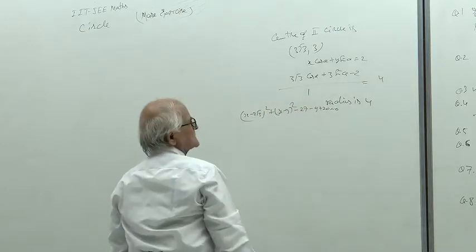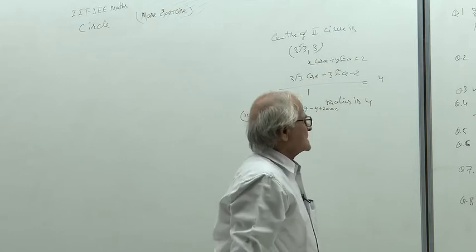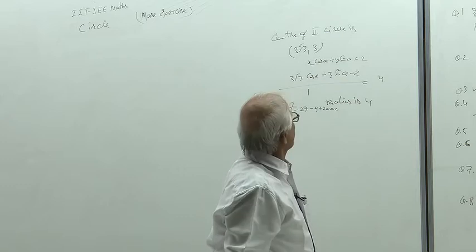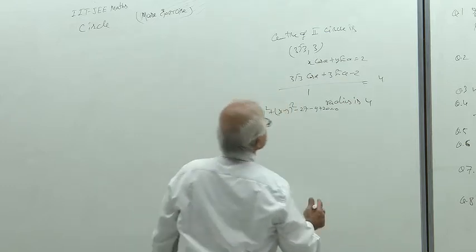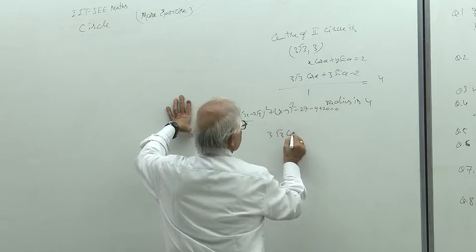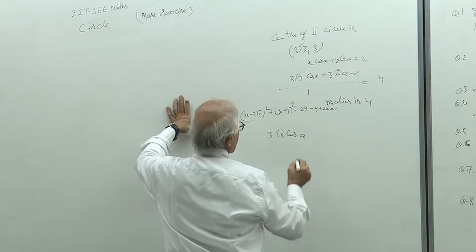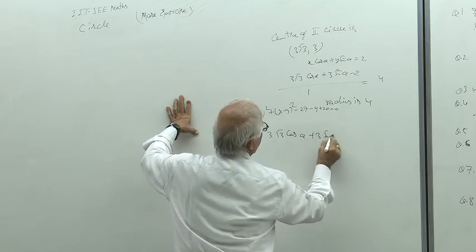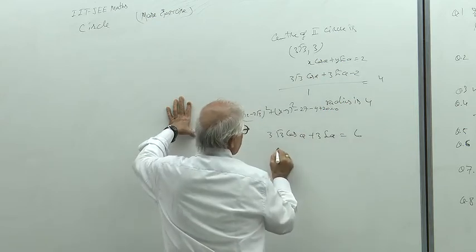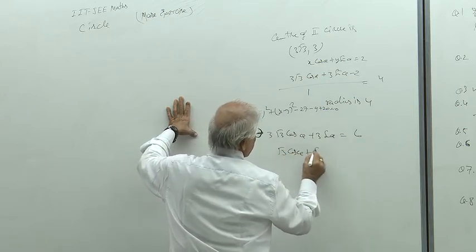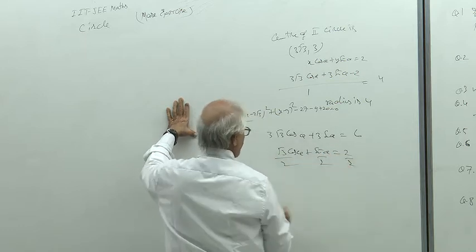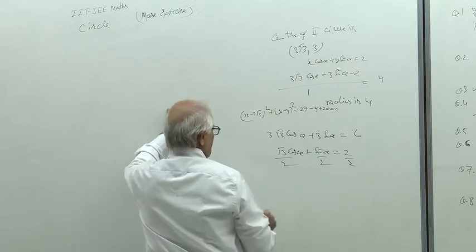Now what he asked us, what is the value of theta? He wants the value of theta. Now you see here: 3 root 3 cos theta plus 3 sin theta is equal to 4, that is 6. Take the 3 common. Divide by 2, put this as cos 30.